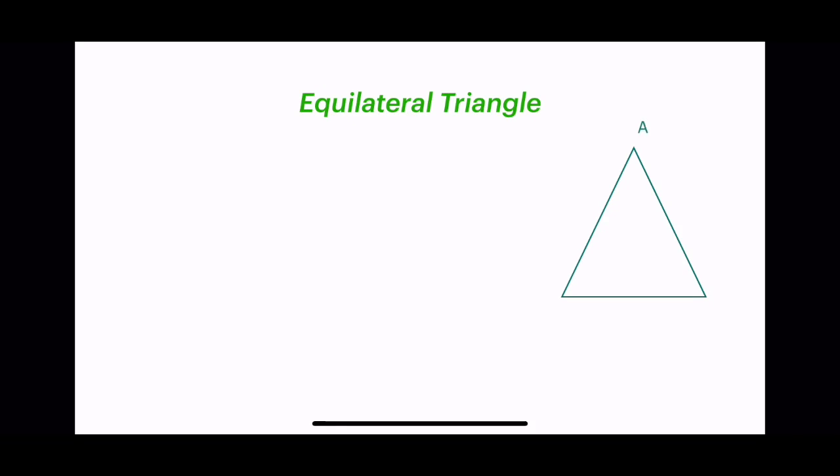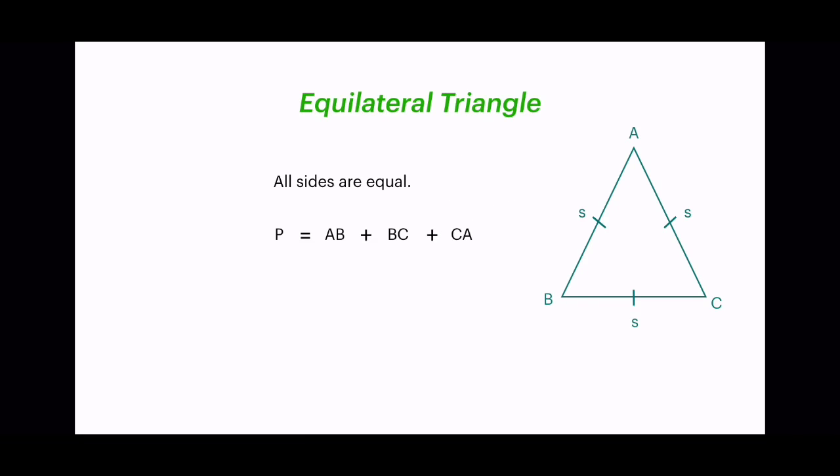Equilateral means all sides are equal. So, the perimeter P is equal to AB plus BC plus CA, which is equal to P is equal to 3 into side.